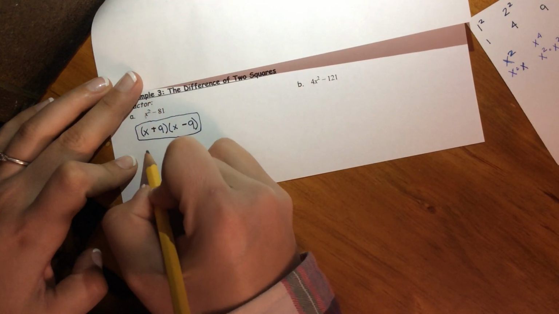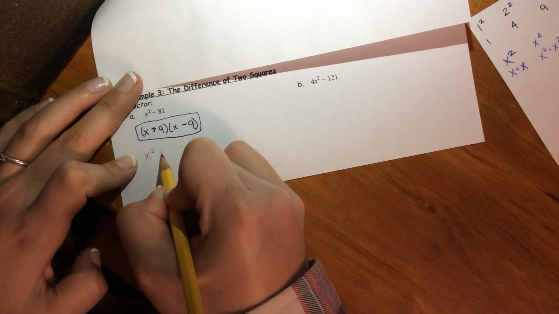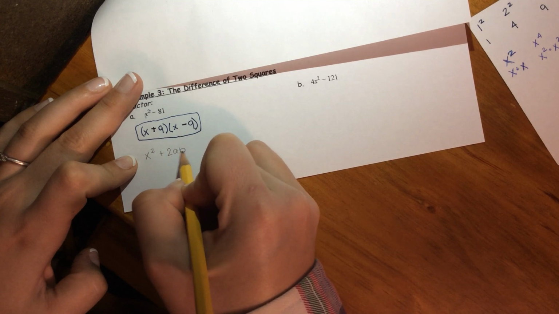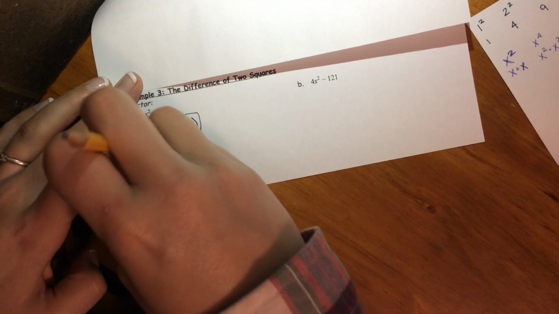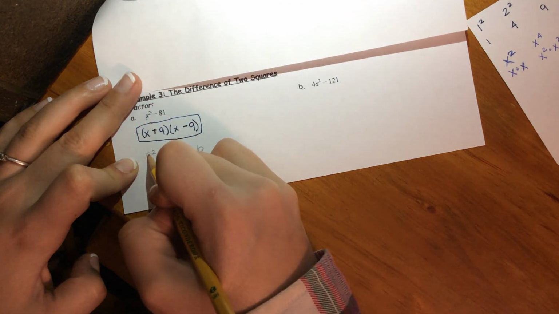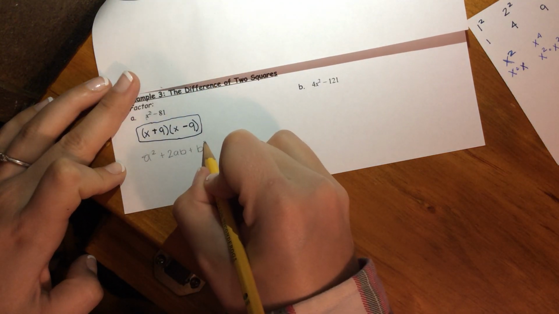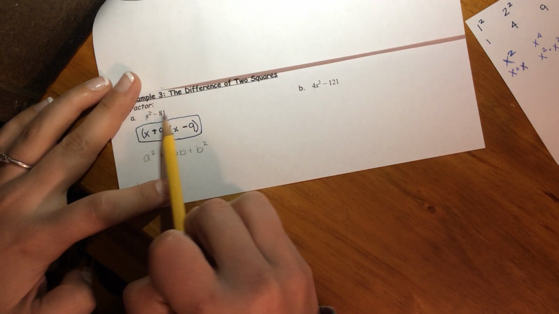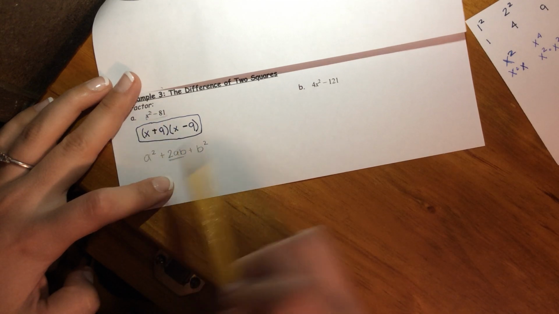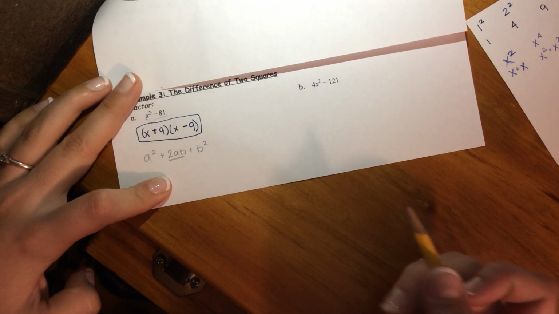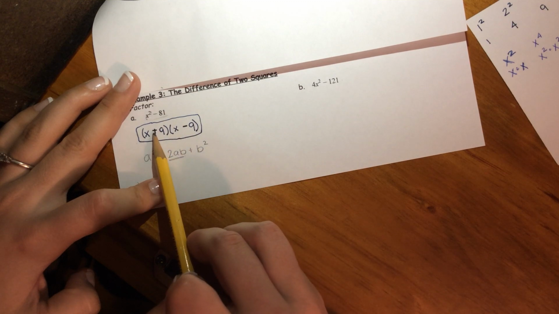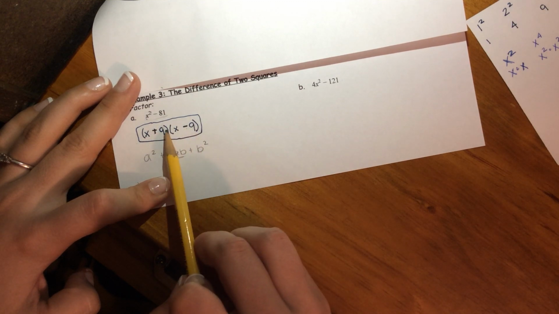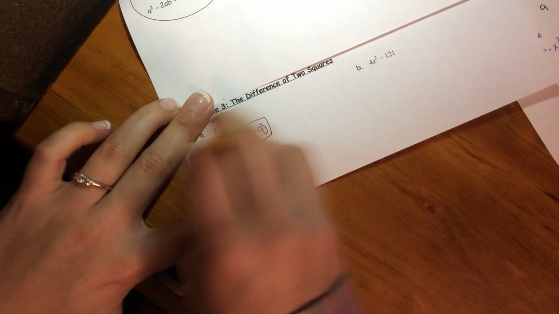See how this polynomial here does not have this middle term? That happens for a reason. It's because this is positive and this is negative, and your factors are going to cancel out. If you don't believe me, watch this.